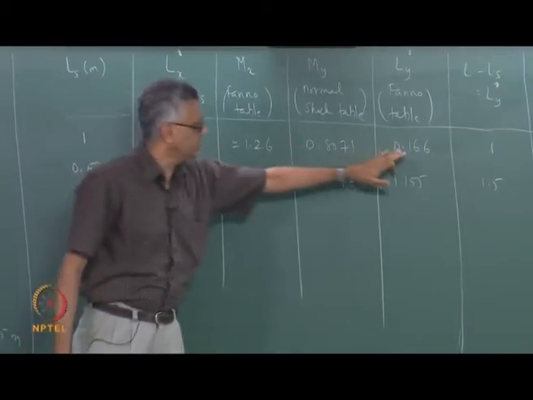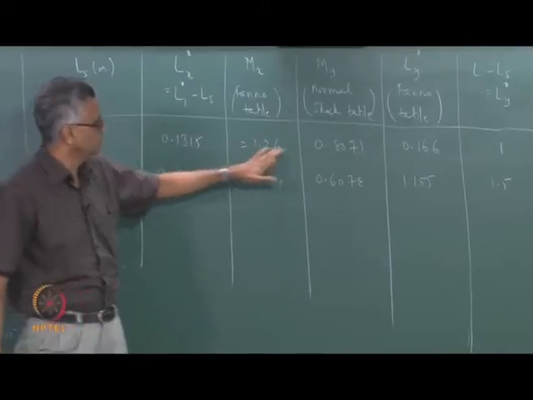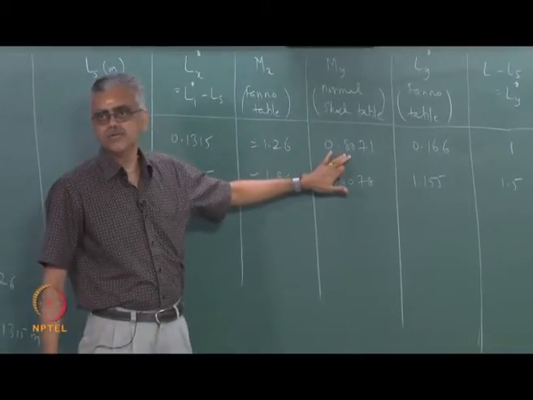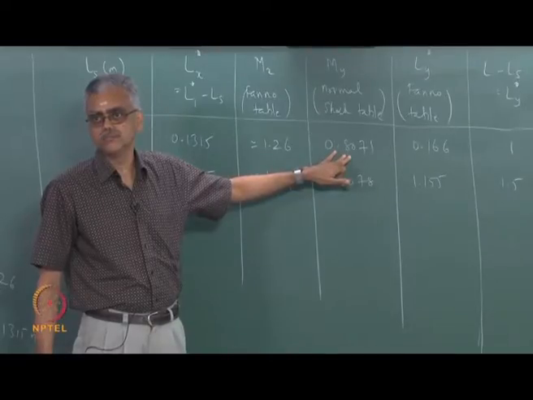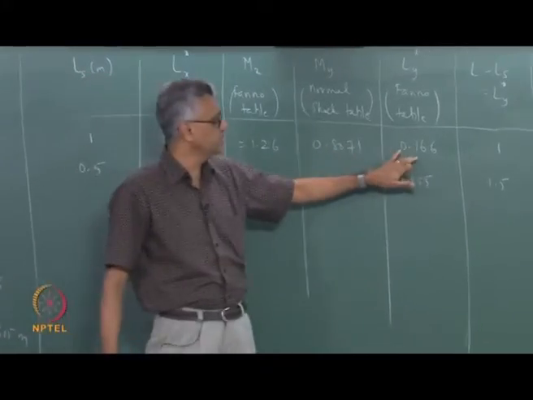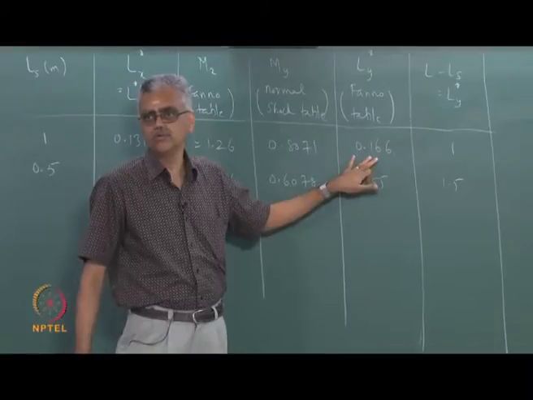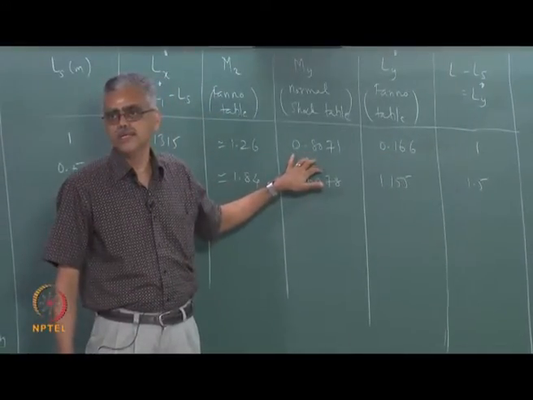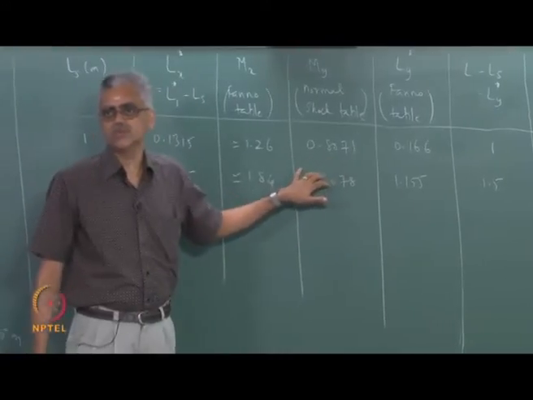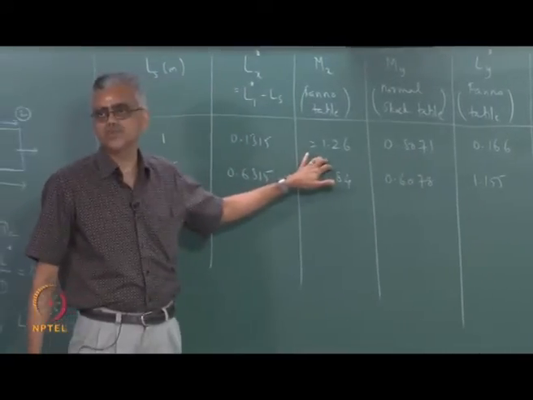What we can conclude from these numbers is that this Mach number is actually reasonably close to M equal to 1, which is why we are getting this Ly star to be very small. So if you want to increase this Ly star, this Mach number should be lesser. If you want this Mach number to be lesser, then this Mach number should be more.